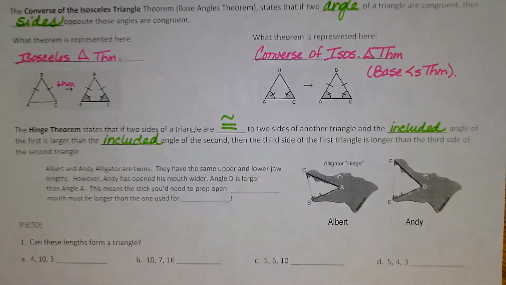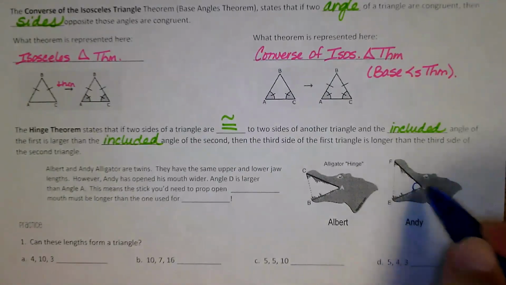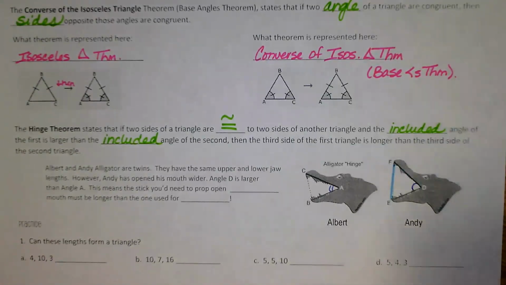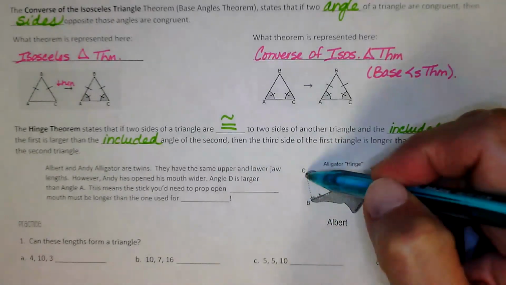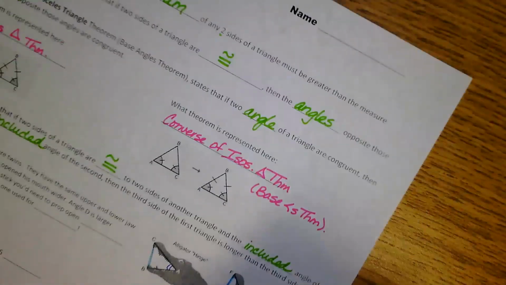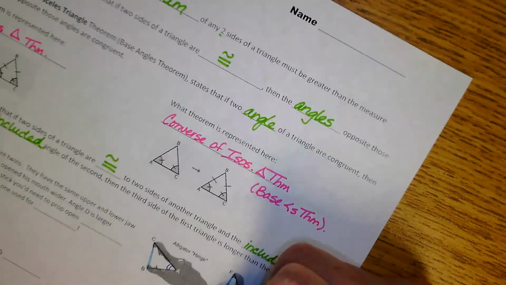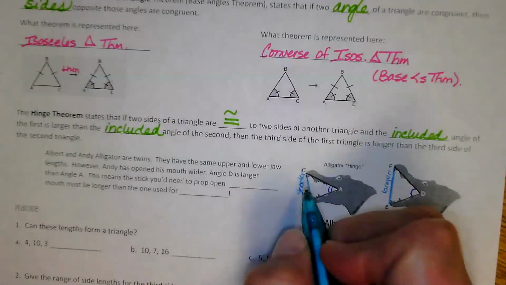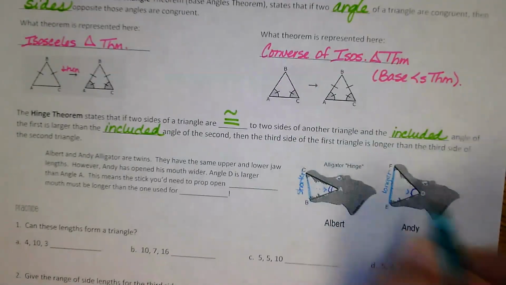See, you can see angle D right here is larger than angle A. This means that if they were about to attack you, the stick that you would need to prop open Andy's mouth would need to be longer than the one for Albert's mouth, right? So this is longer, and this one is shorter. And it all stems back to the angle opening, okay?